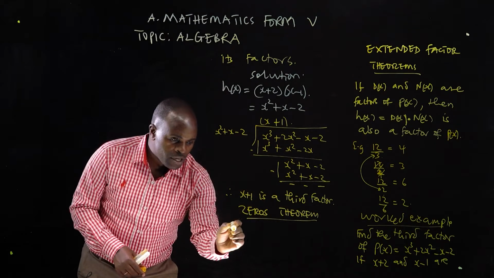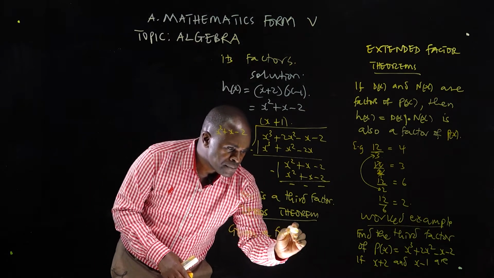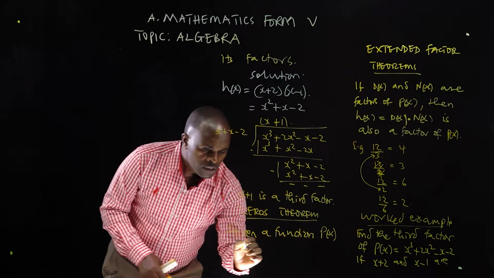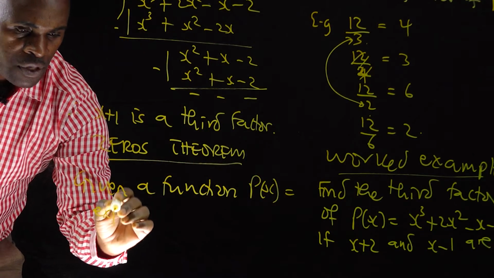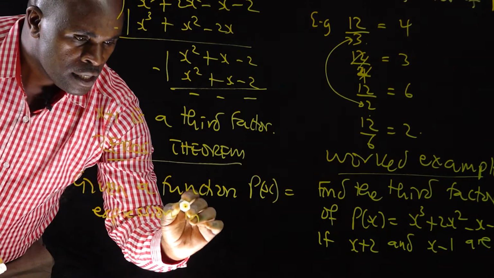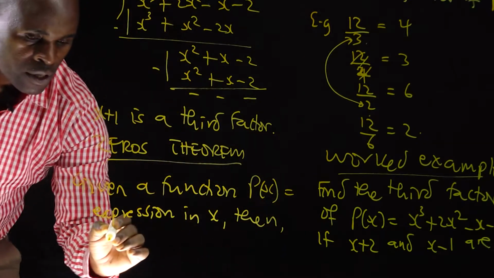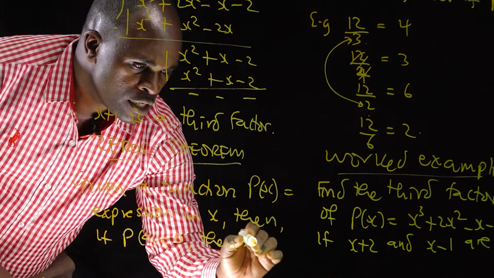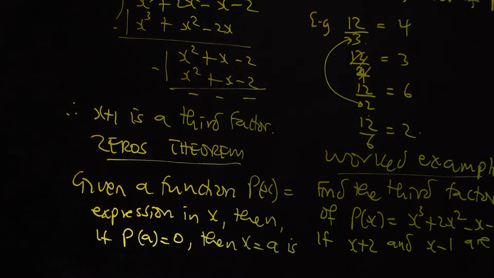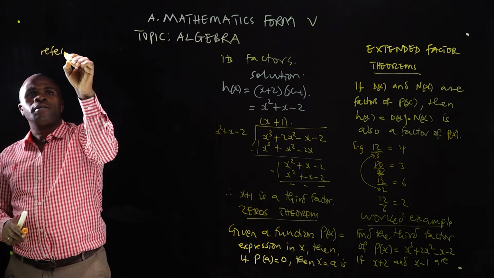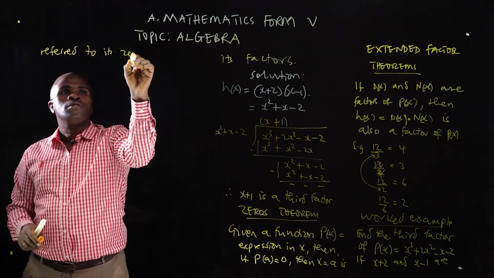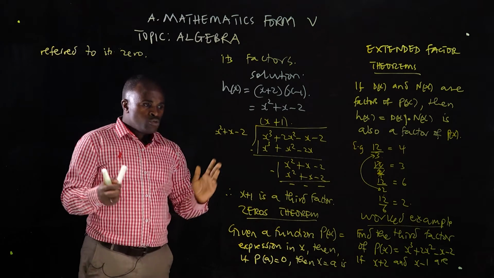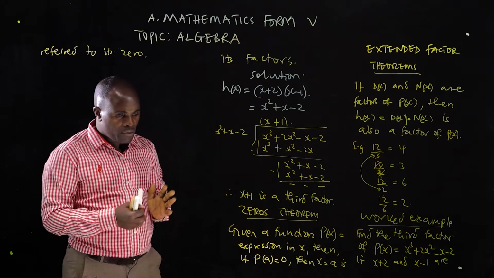So we say, given a function p of x equals an expression in x, if p of a equals 0, then x equals a is referred to as its zero. So to find zeros of a function, we simply perform factorization, which we are already aware of the concept.